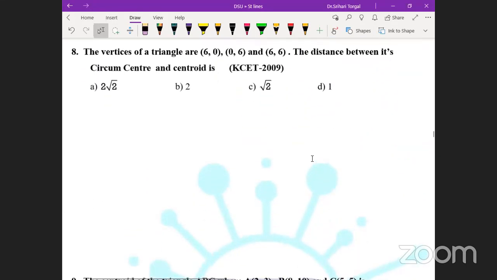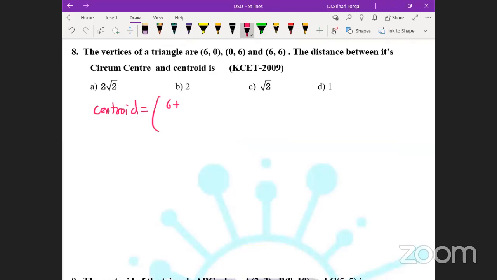Now, the vertices of a triangle are 6, 0, 0, 6 and 6, 6. These are the 3 points. The distance between its circumcenter and centroid is. First, let me calculate centroid. How to find out centroid?